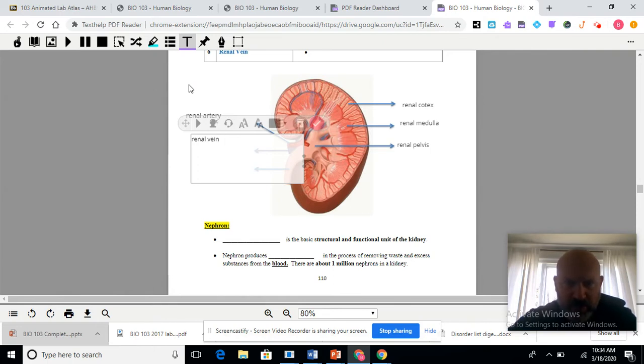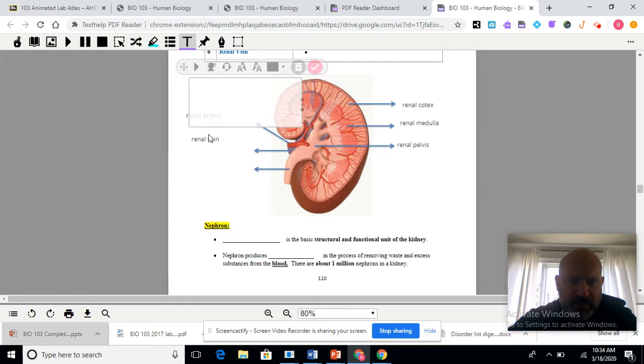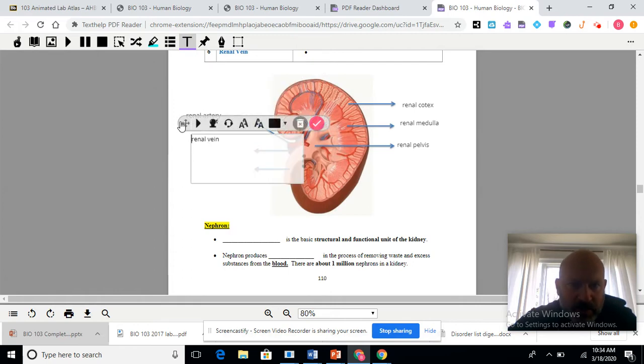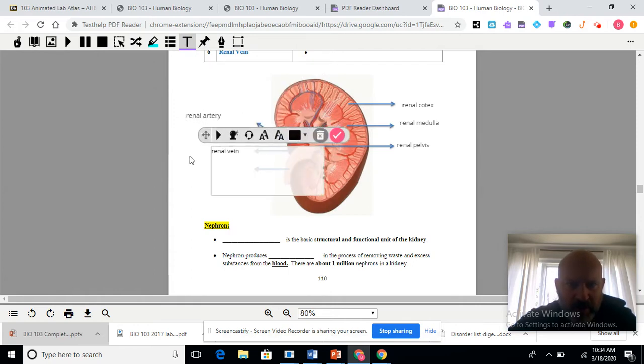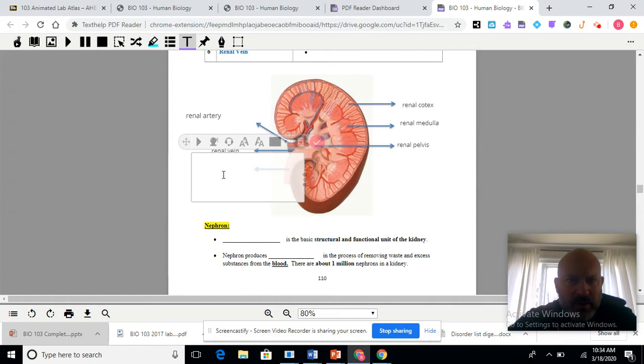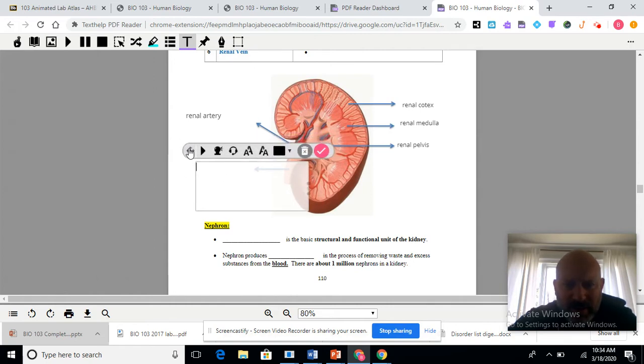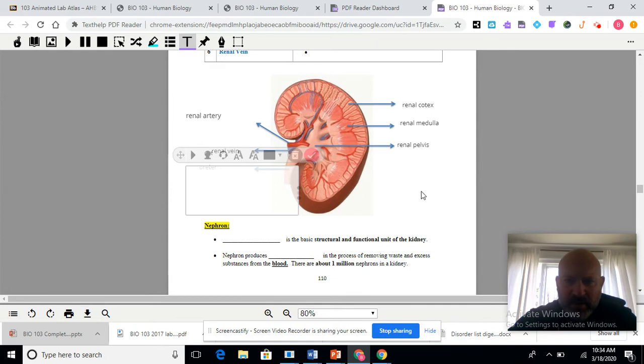We're just going to get through this as if this is live, right? Let's move that over there. And this last thing is pointing to the ureter, so let's fill that in. I feel like we'd be taking this long if it was me doing this in class anyway.